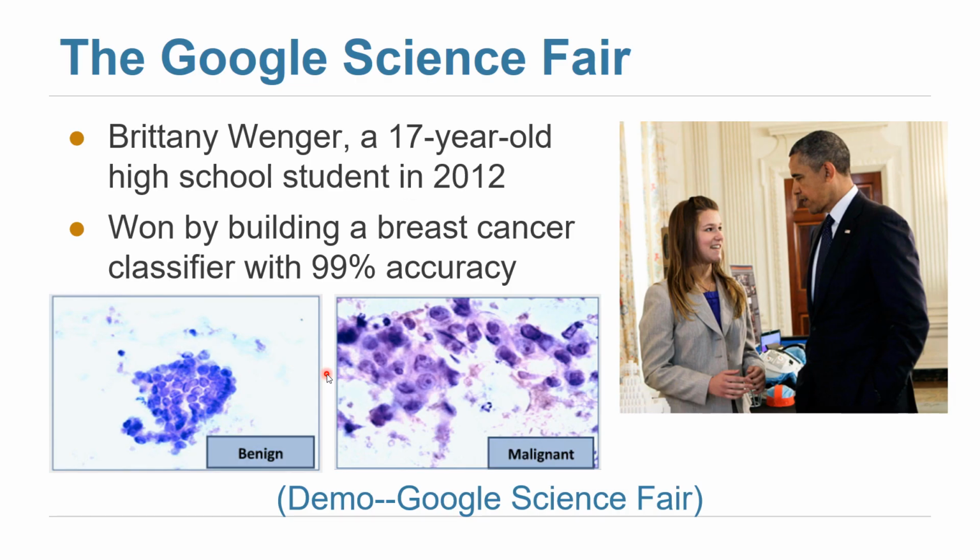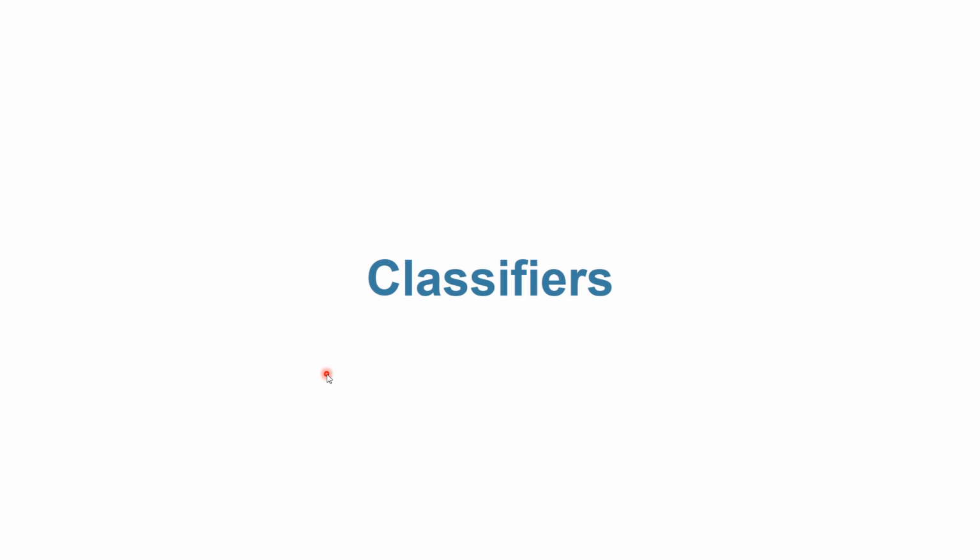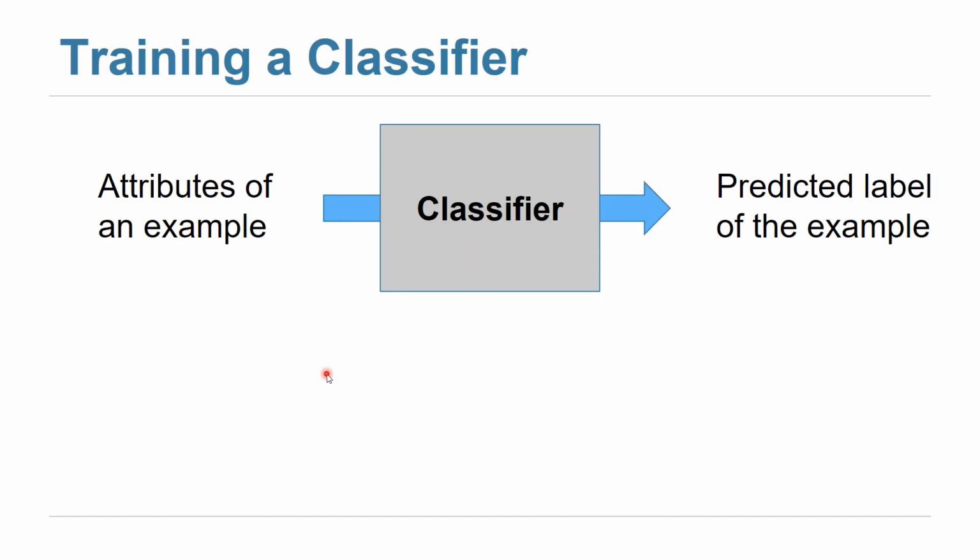So let's get back to the slides, and now we'll talk about classifiers. How can we build or train a classifier? The classifier is used in this way. After we build the classifier, we are given the attributes of one example, like the attributes that we saw in the 3 datasets that we just studied, and the classifier's job is to predict the label of that example.